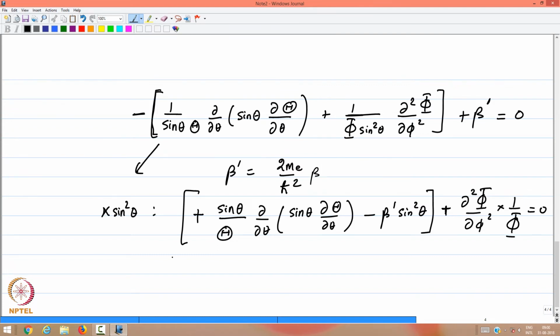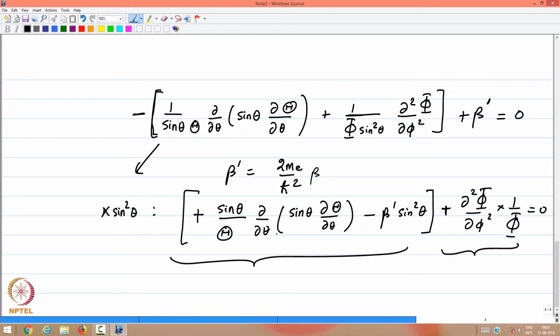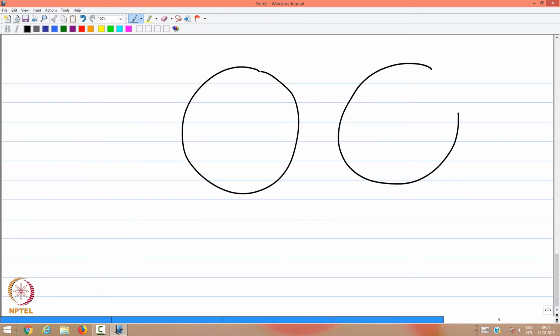Now, you see this is only the theta part and this is only the phi part. Again, the theta component is independent of the phi component, therefore, this is equal to a constant and this is equal to a constant. Remember the spherical coordinate system that you have, the theta was essentially, let me draw the sphere again, it is a circle, of course, it is 3-dimensional.